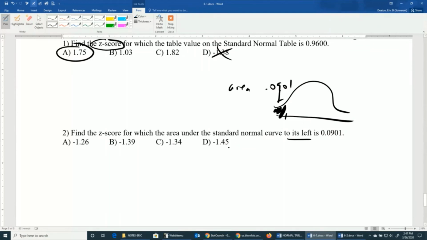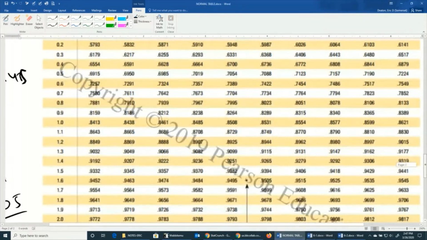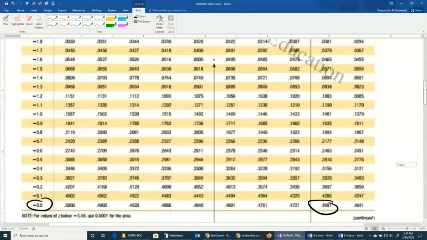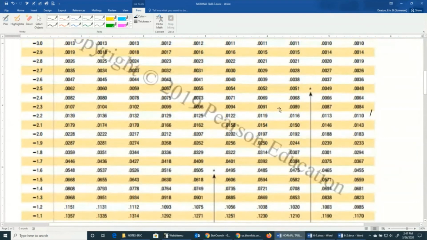These are all negative, so I can't eliminate any of them just as they are. So what I can do is go to my table and look for a table value at 0.0901, not a z-score, a table value. So let's go back on the negative side because that's where the small values are. 0.0901 is right there.